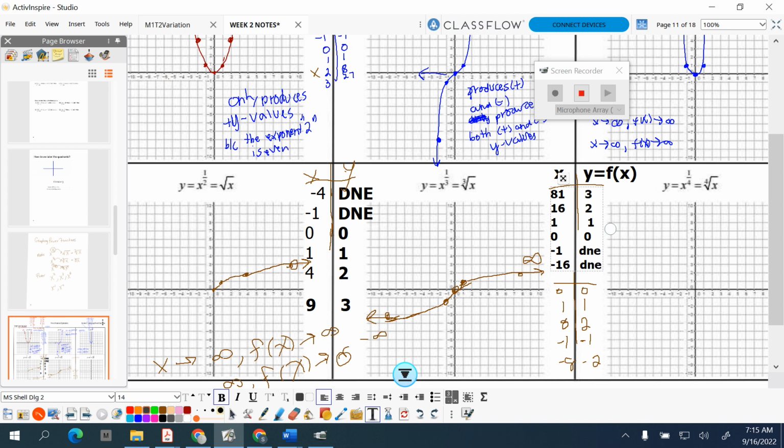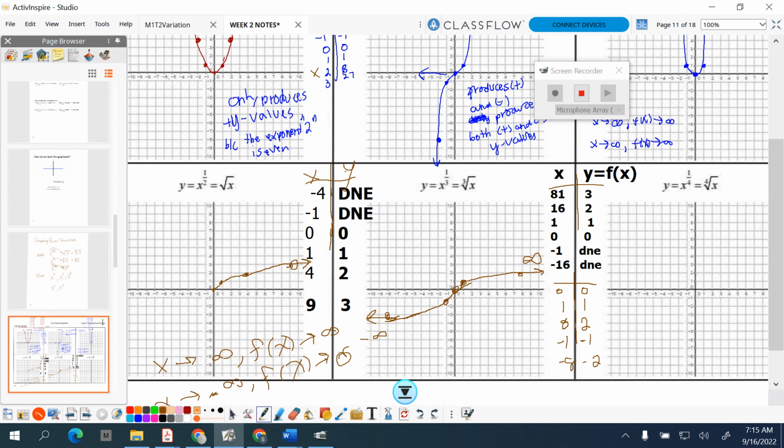I'm going to make them big dots. So 0, 0. Okay. I have 1, 1. And I have 16, 2, which is really big. So it looks like this, guys.